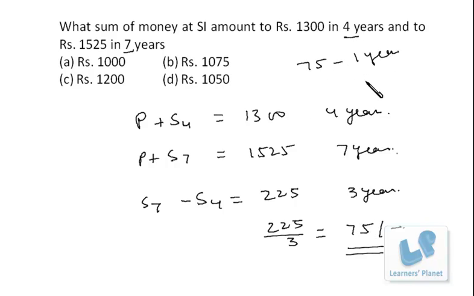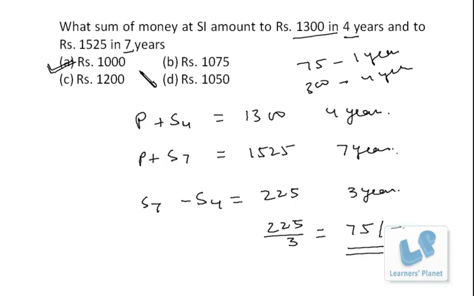Now 1300 is the amount which was accumulated after 4 years, and out of that 300 is the interest. That means the principal was 1000. Isn't it? The problem is very simple.